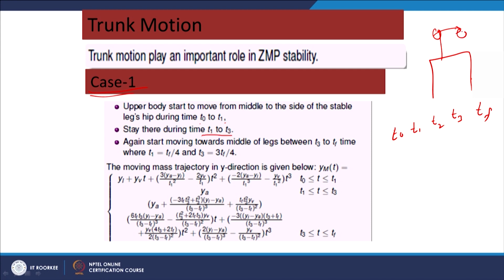It stays at the same position about the stable leg's hip. Then during the time interval T3 to T4, the last 1/4 of the time, again it comes back to the middle of the 2 hips. For performing this motion, we can derive the trajectory using the initial and final conditions.